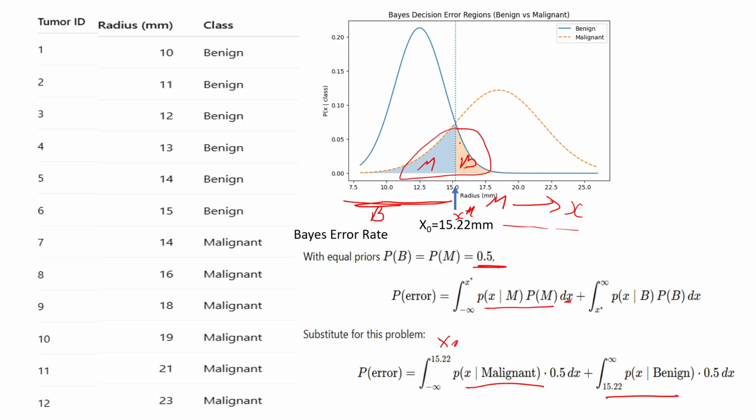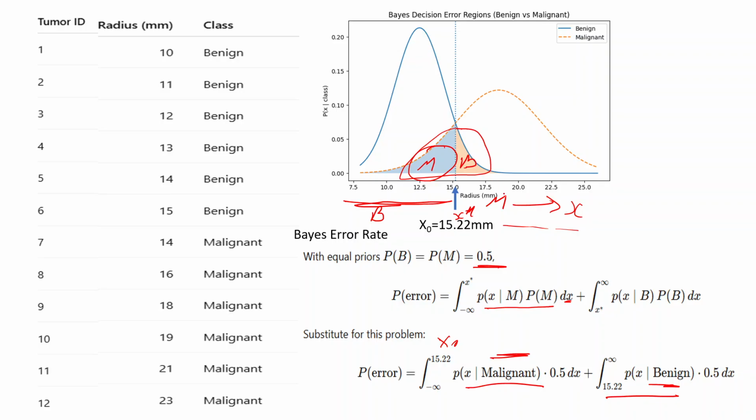The takeaway from this slide is, to model the error, we are going to look at how much the error is. It is an integral where, on this side, we are deciding it as benign, but it is actually malignant. Therefore, we take the malignant probabilities here. And on this side, we are deciding it as malignant, but it is actually benign.